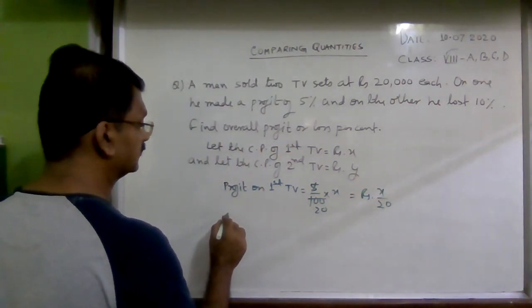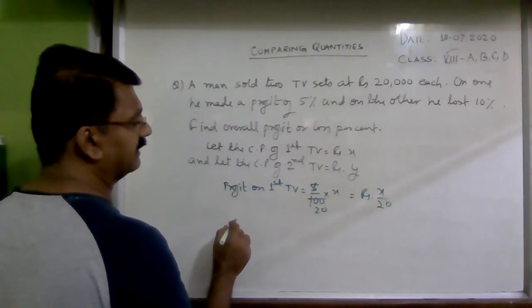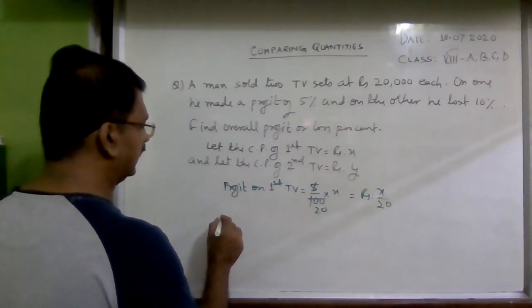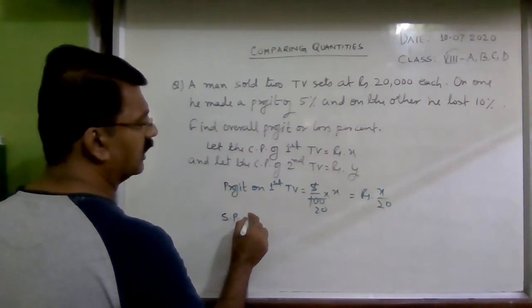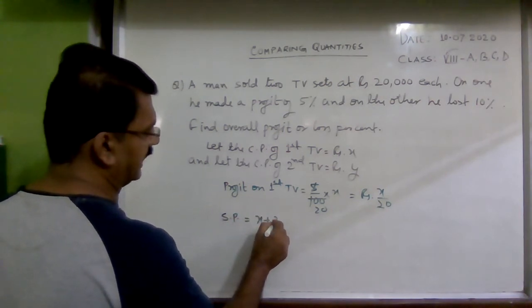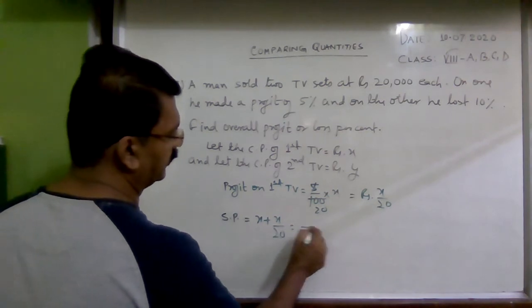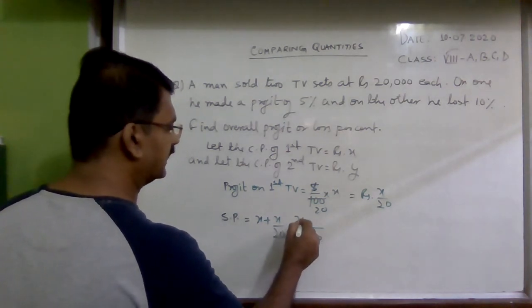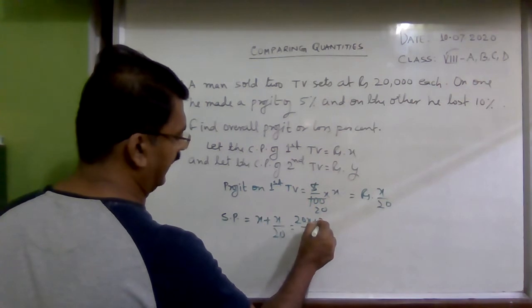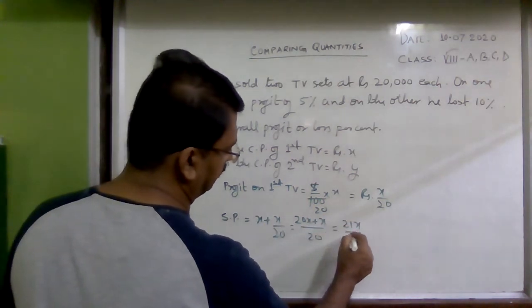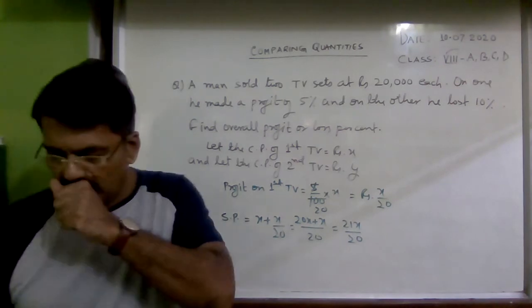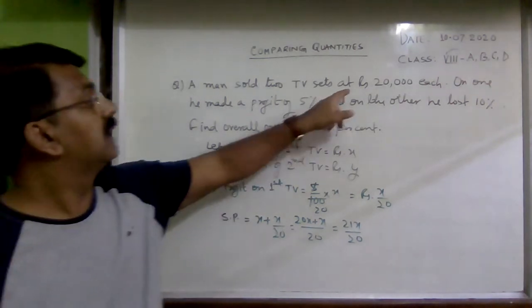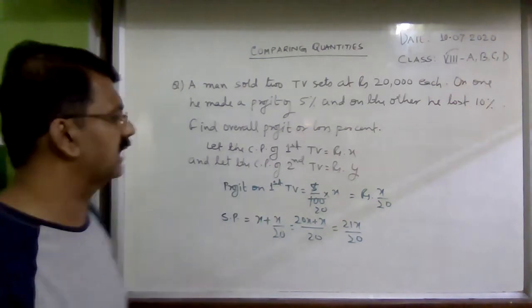Profit on first TV is rupees X by 20. SP is equal to X plus X by 20. If you take 20 LCM, then it is 20X plus X, that is 21X by 20. But the selling price is given 20,000.